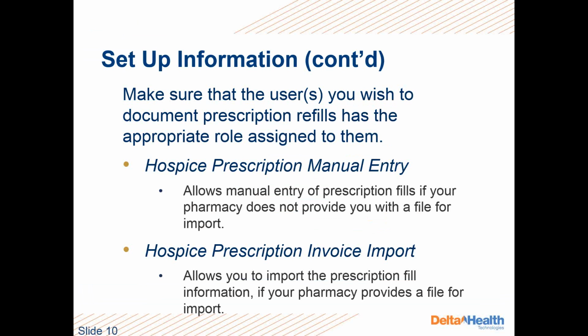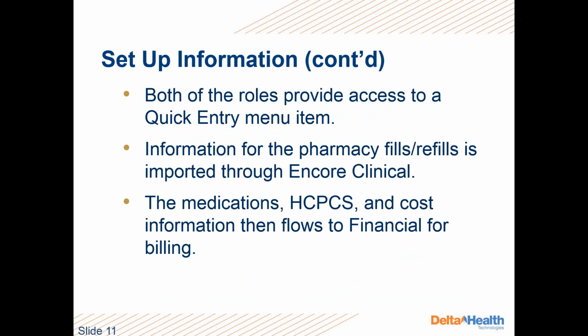The second one is Hospice Prescription Invoice Import. This is for the import of the prescription fill and refill information that your pharmacy provider will give to you. Both of these roles provide access to a quick entry menu item in Encore Clinical.